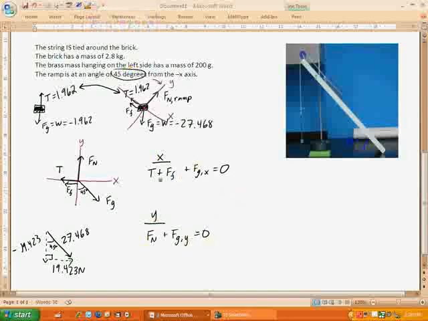Now let's take those and put them into our equations. We know the tension is 1.962, and that is to the left, so negative 1.962 plus the force of friction is equal to the force of gravity in the x direction, which was 19.423. So then I'll add those two together and move them to the other side.